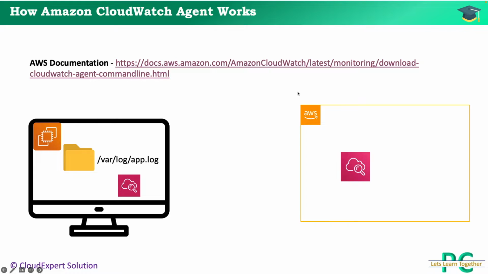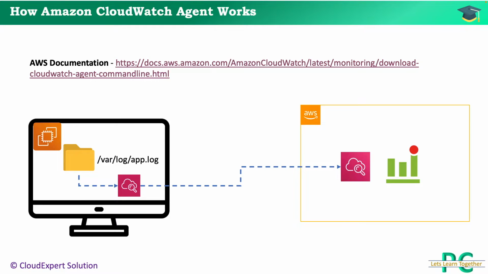And let's say this is the AWS Cloud where we have the CloudWatch service. When you install it, the CloudWatch agent will extract the logs from the var/log/applog directory, and then push those logs or information to the CloudWatch service in AWS. And then CloudWatch will create the required dashboards and metrics.